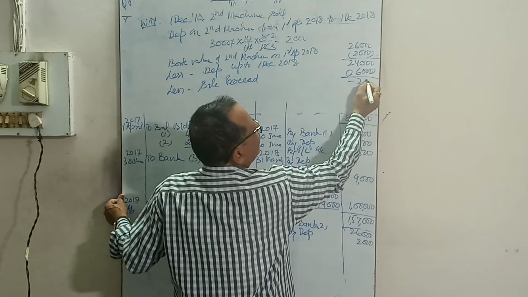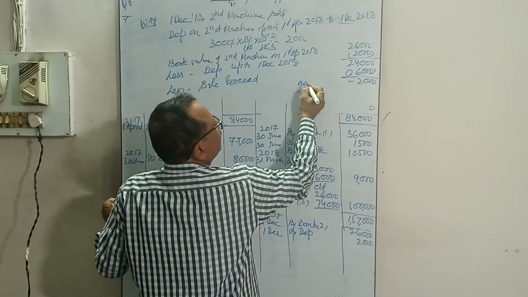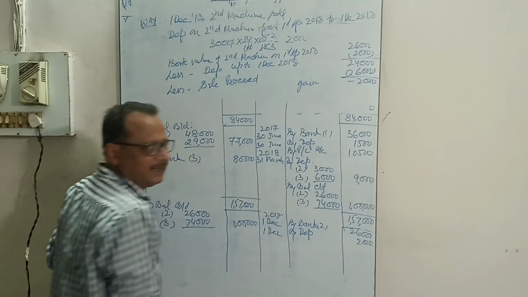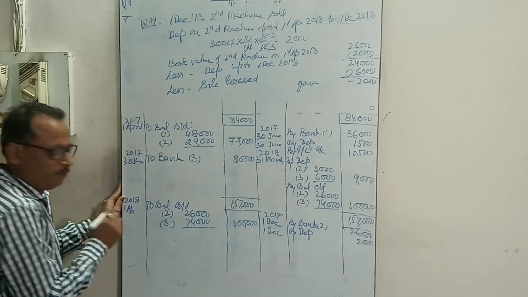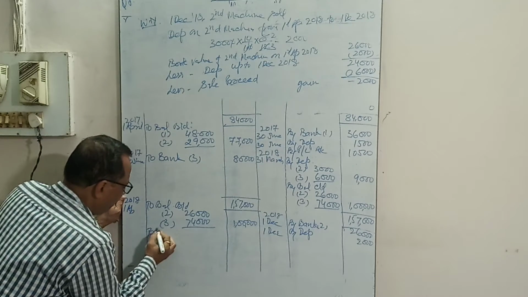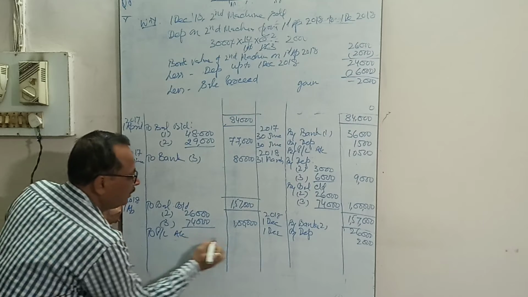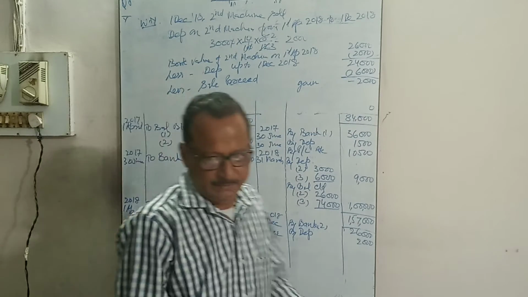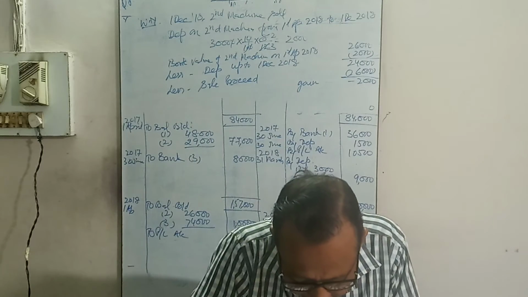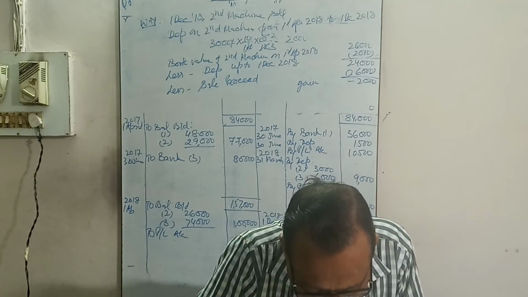So this is gain on sale of the second machinery. We will write here assets account debit to profit and loss account, to profit and loss account 2,000. Second machinery is gone.